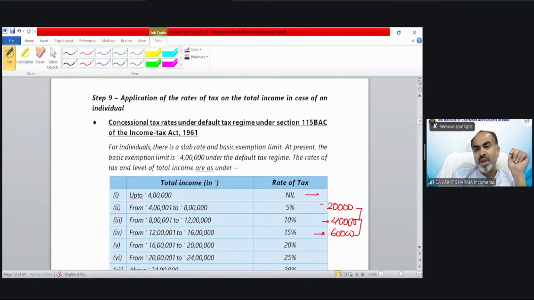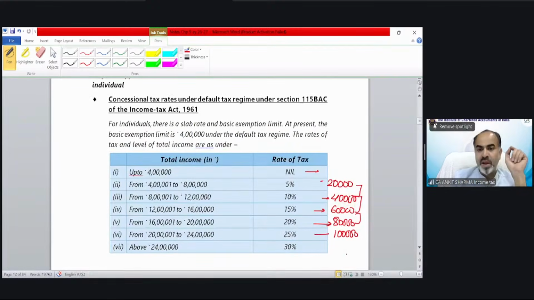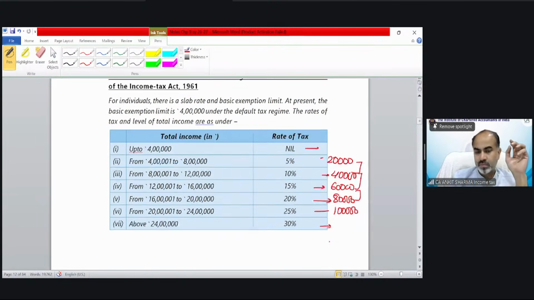So total would be 120. For the next, it would be 80,000. So aggregate tax would increase. For the next, it would be 1 lakh. So aggregate would be increased, and above that, the rate would be 30%. Okay.